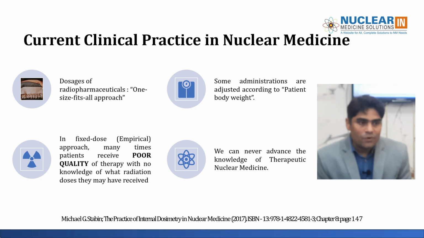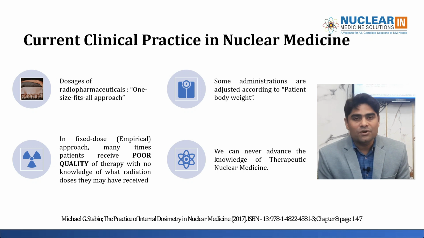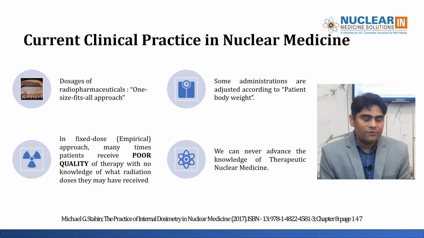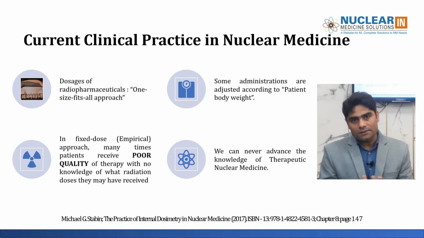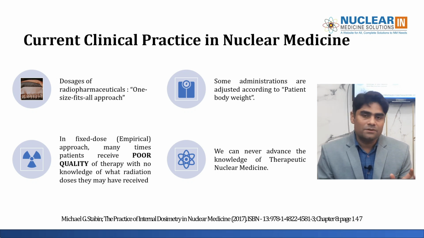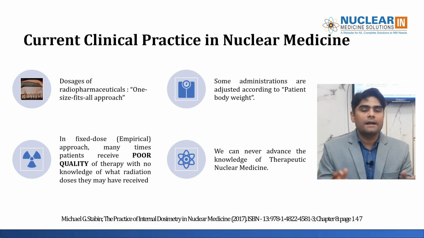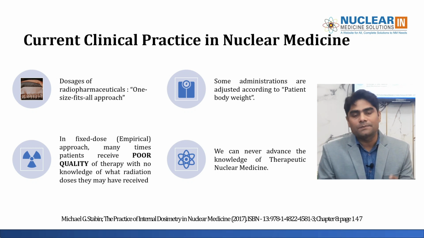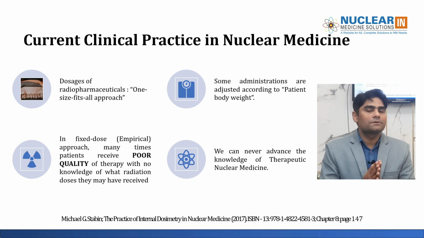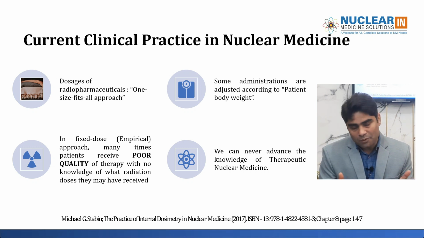Though it is followed in diagnostic nuclear medicine, where doses are modified based on the patient body weight, in therapeutic nuclear medicine the doses are generally not decided based on patient to patient variations, and this can sometimes result in poor quality if it is not properly designed. And if we continue to do like this, where we are not individualizing the therapy doses, then probably we can never better our therapies.